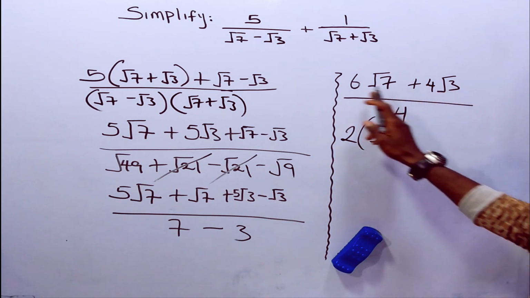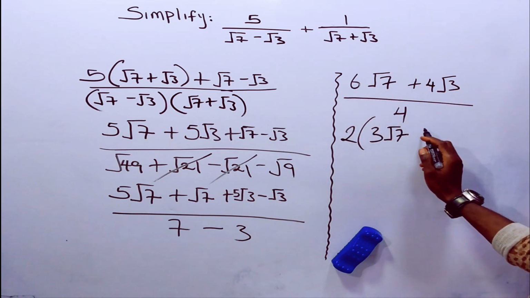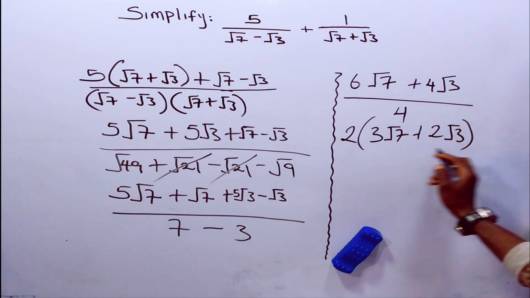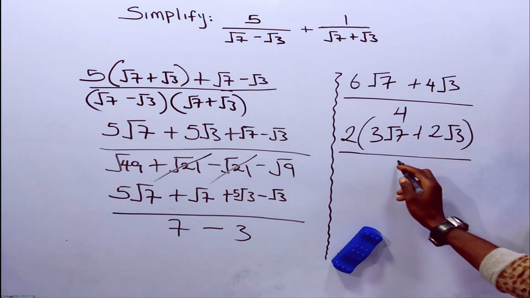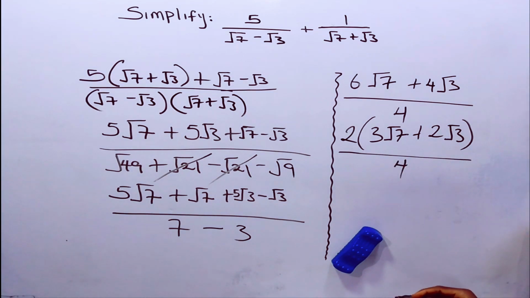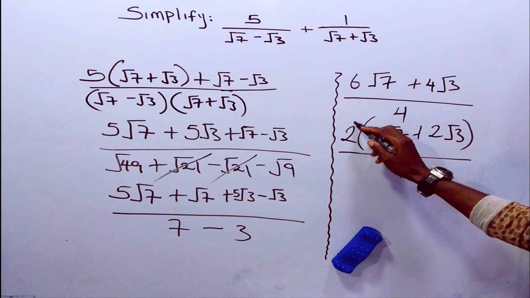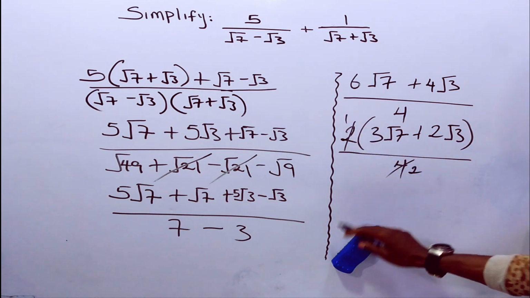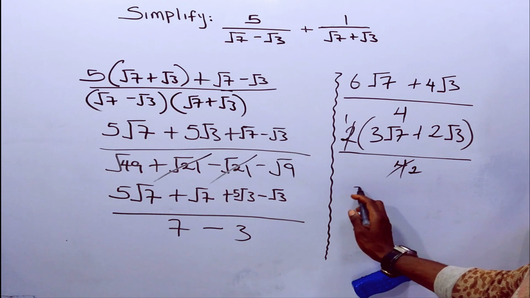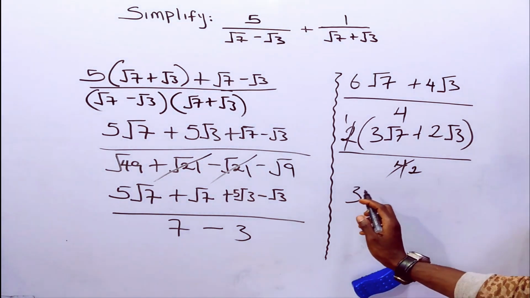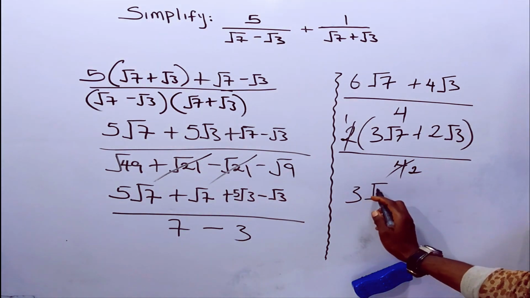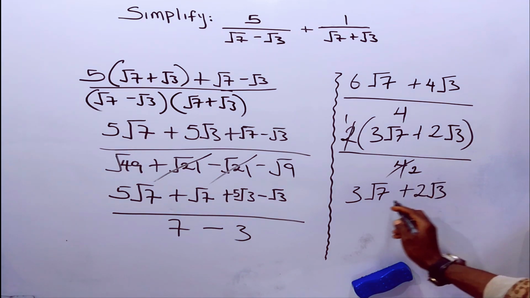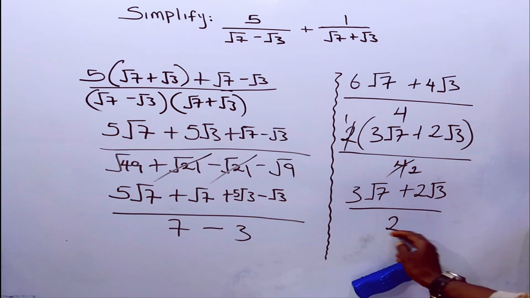And 4 root 3 divided by 2 will give us 2 root 3, all divided by 4 divided by 2, which is 2. So we'll have it as 3 root 7 plus 2 root 3 over 2.